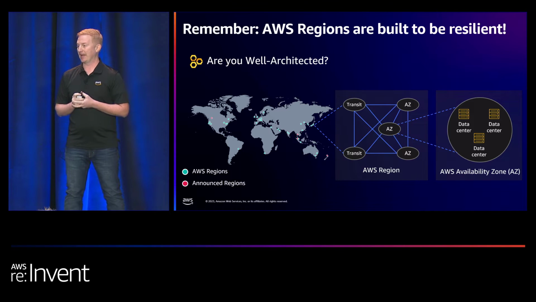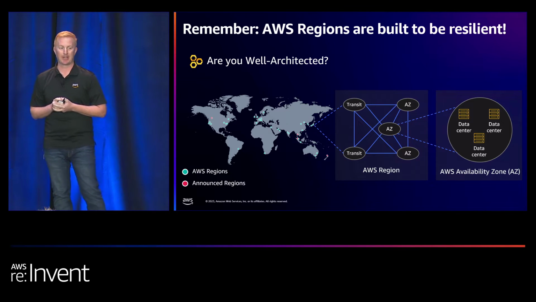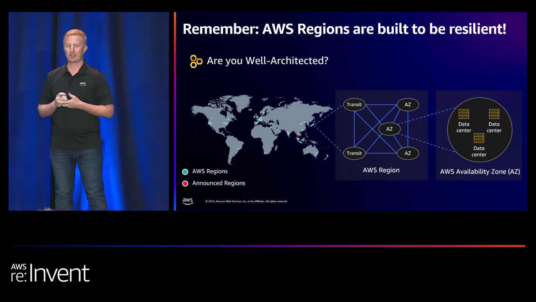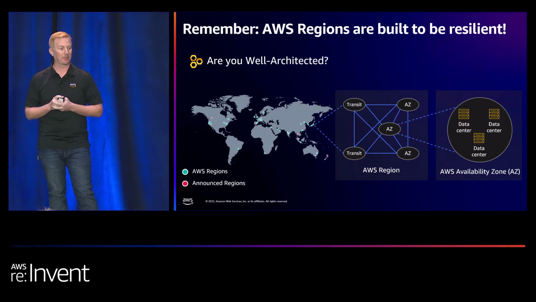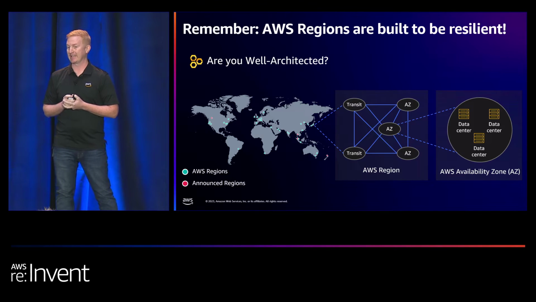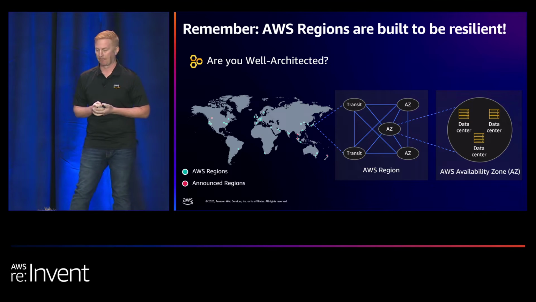For some of you who have been building on top of AWS for some time, this might be common knowledge. But as you're doing design reviews, as you're doing Well-Architected Framework reviews with others in your organization, take that special lens to the workload and really determine if the workload is taking advantage of the resilient design and nature of AWS regions.